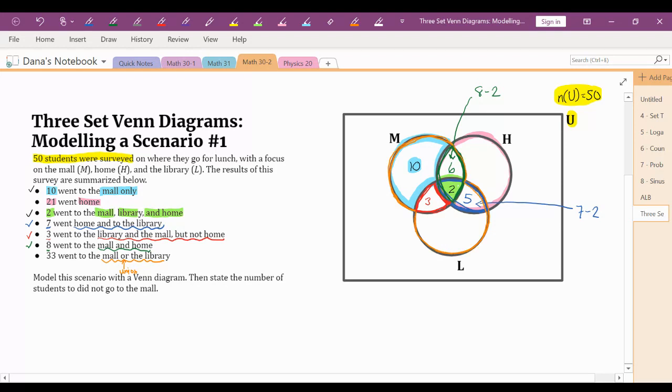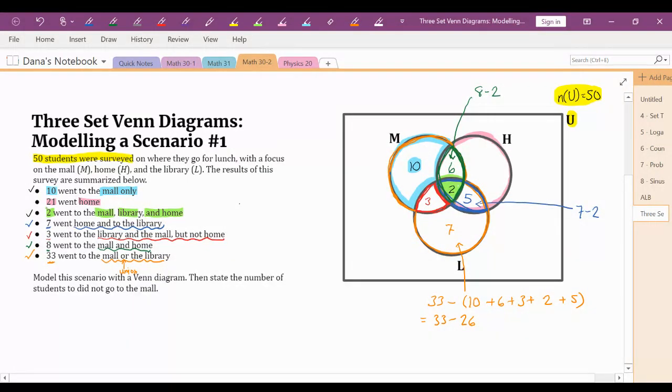So to fill in this one remaining region in that union, I'm going to go 33 minus the elements that are already included in that union. So the 10, the 6, the 3, the 2, and the 5 would give me 33 minus 26, which is 7. So there are 7 elements in the library only region. So I've now used that statement.